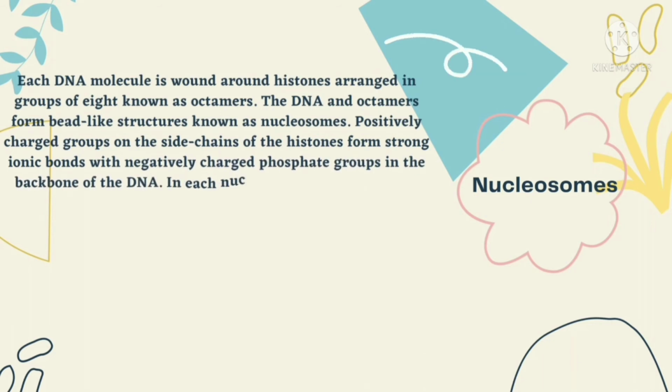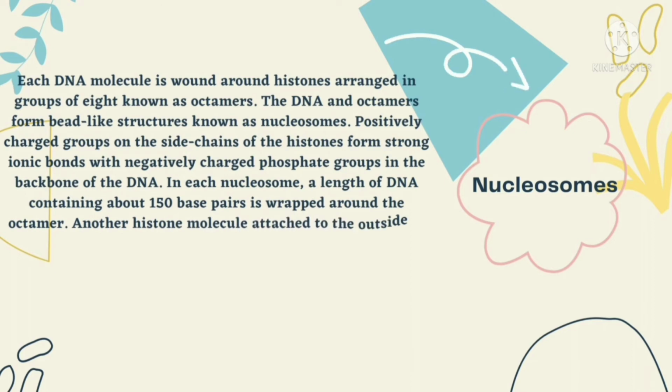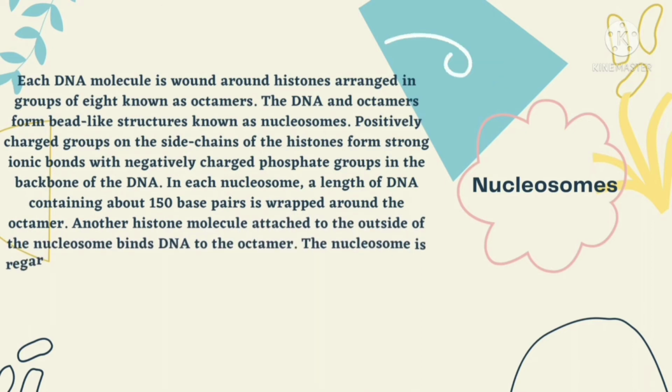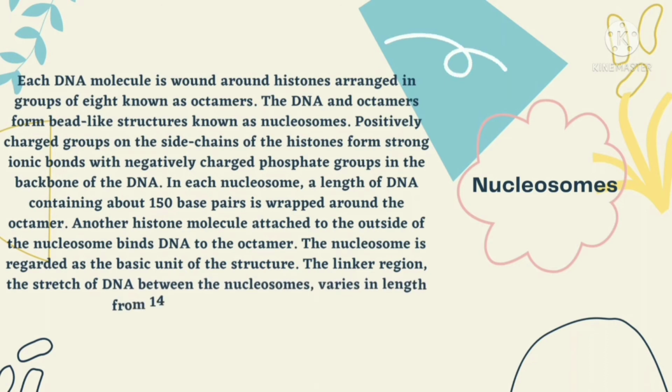Positively charged groups on the side chains of the histones form strong ionic bonds with negatively charged phosphate groups in the backbone of DNA. In each nucleosome, a length of DNA containing about 115 base pairs is wrapped around the octamer. Another histone molecule attached to the outside of the nucleosome binds DNA to the octamer.